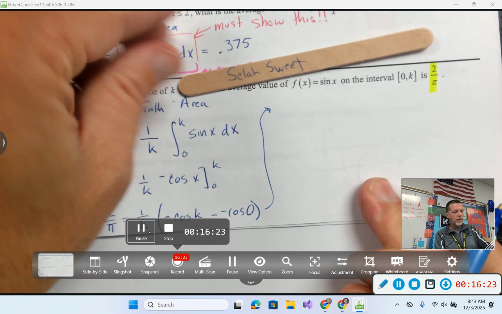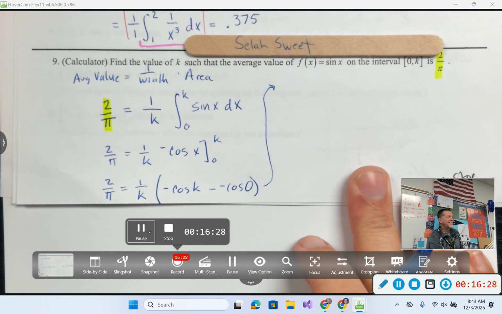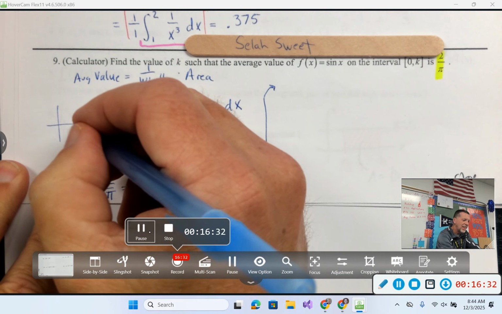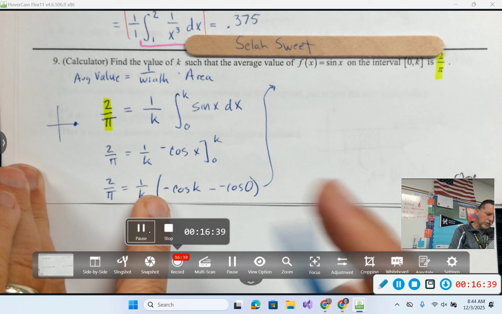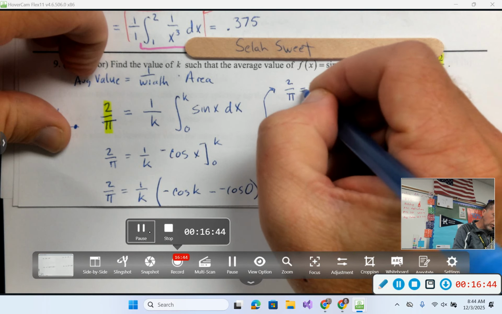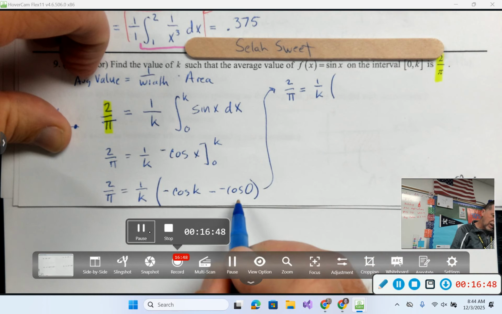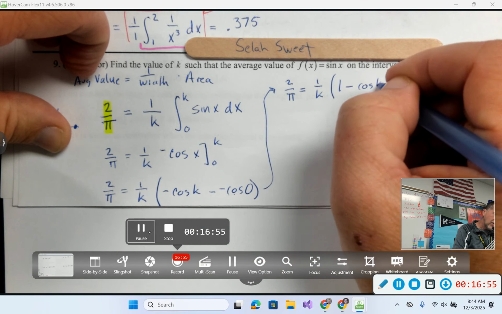Cosine of 0, 0 degrees or 0 radians, either one, is 1. Minus minus is a plus sign. So 2 over pi equals 1 over k. I'm going to switch those around and make that 1 minus cosine of k, just because that looks better.